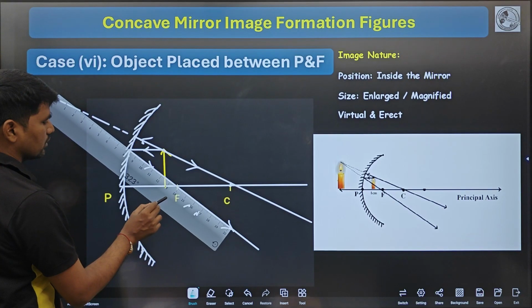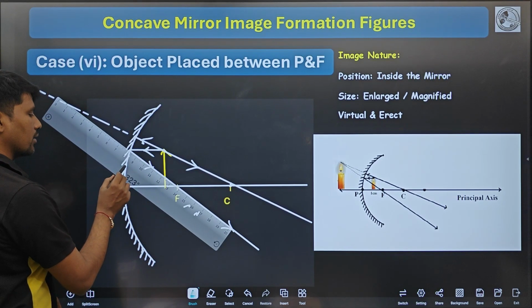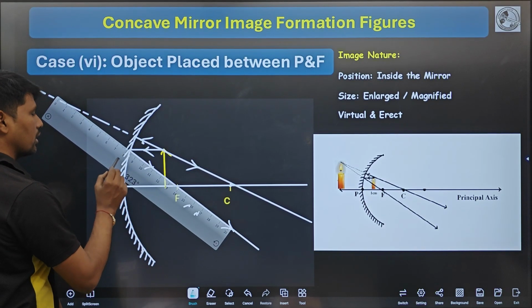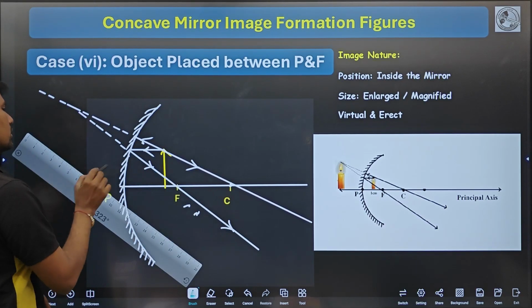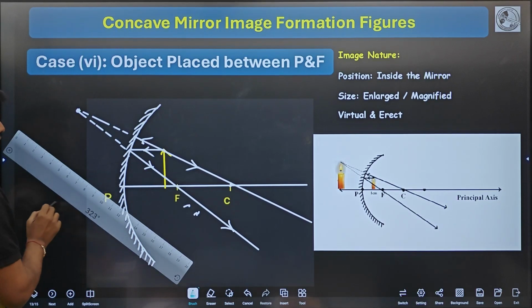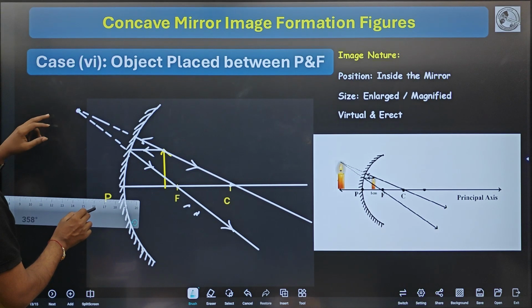So first you coincide the scale with this reflected ray, then draw the dotted line where they will meet. They are meeting at this point. Okay. So that's why the image is formed. This is the image position.